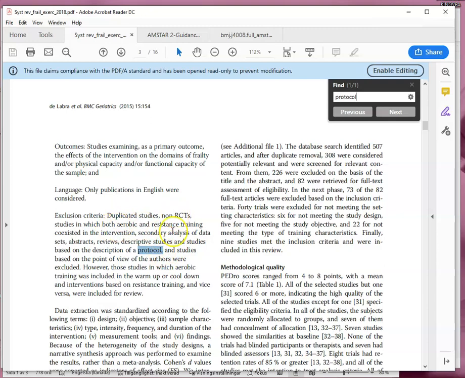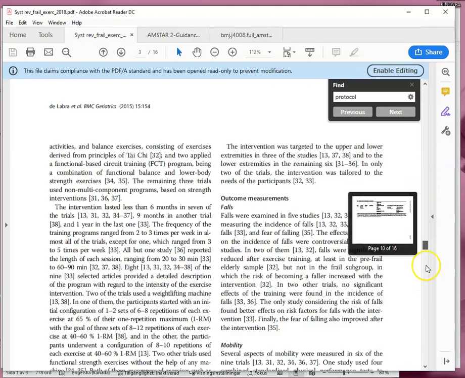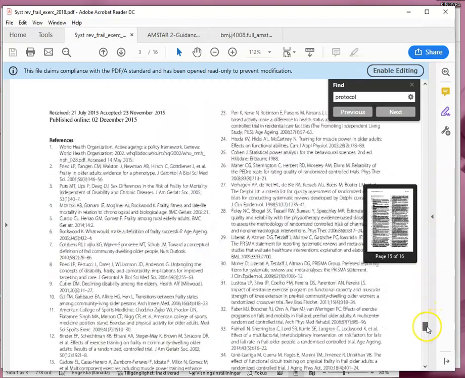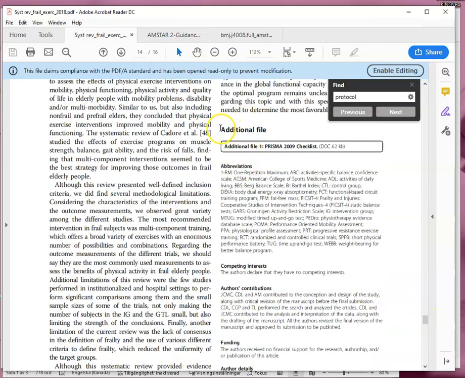Oh no, that's not it. There's only one hit, so they haven't said anything about protocol. I think sometimes at the end of the paper there are additional files, and here it's called additional file, PRISMA checklist, and it's not a protocol.